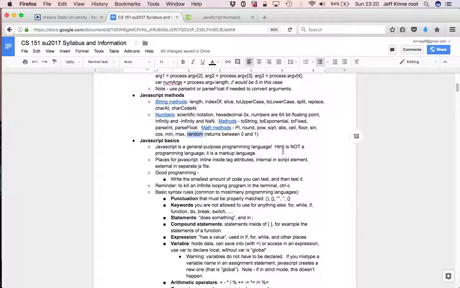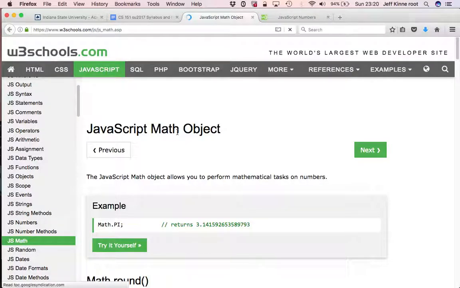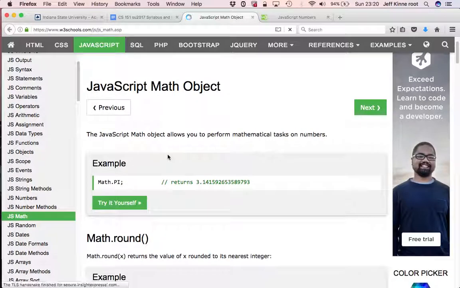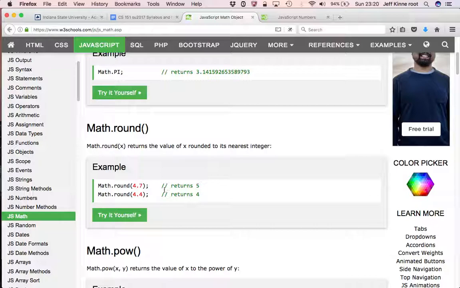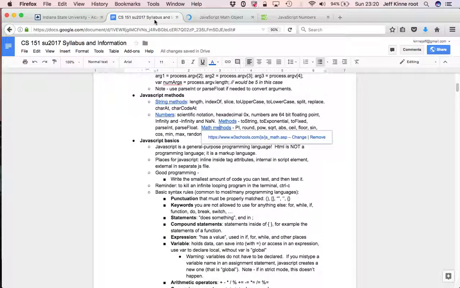Sine, cosine, min, max. Let's just go ahead and take a look at the link here. So if these functions are needed, there's the constant pi if you don't want to type. So round is rounding either up or down. If we always want to round up, we have the ceiling function.